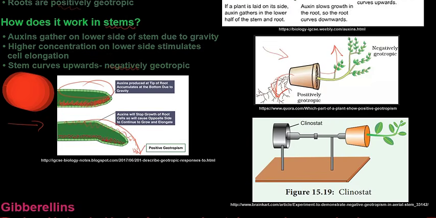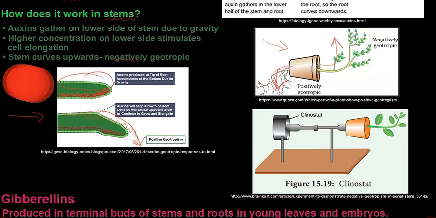Now there's also an experiment you need to know, and it's using a clinostat, this little contraption here. Basically this pot plant is positioned on a wheel-like structure that will turn the whole time. The thought process behind that is so that the plant doesn't become aware of where gravity is, because it's moving the whole time.